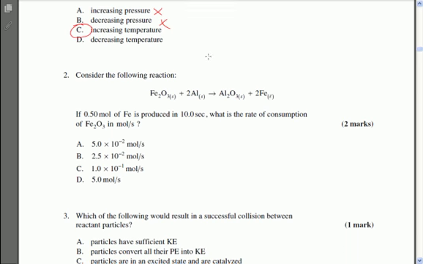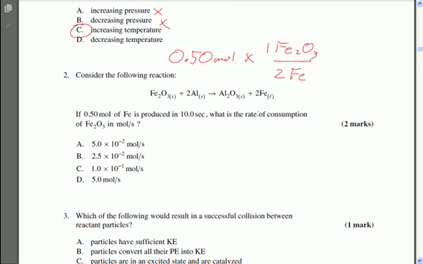So what I'm going to do is take iron, which is 0.50 moles, and change this into moles of iron 3 oxide. I'm going to do that using my molar ratio. It's a 2-to-1 ratio. So I'm going to times this by 1 Fe2O3 over 2 Fe.